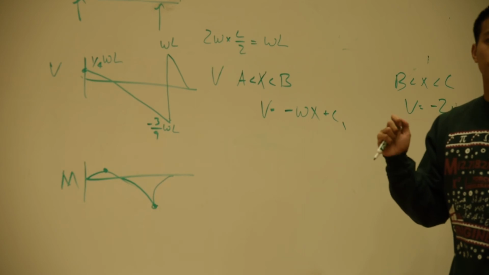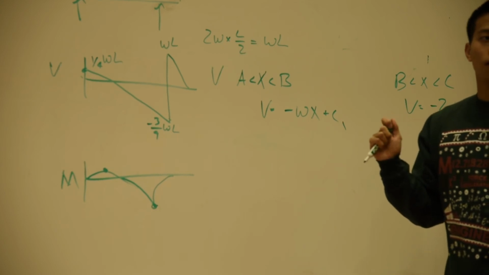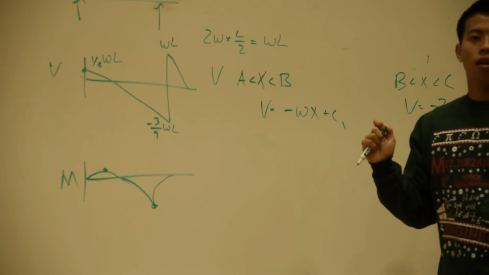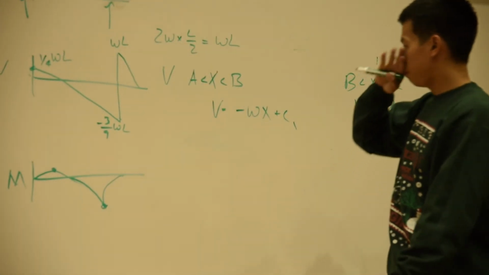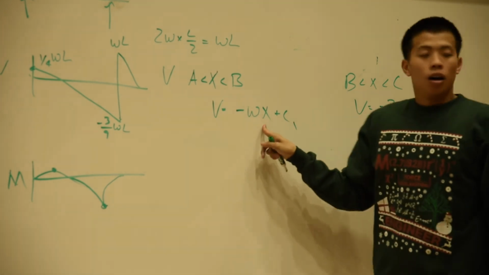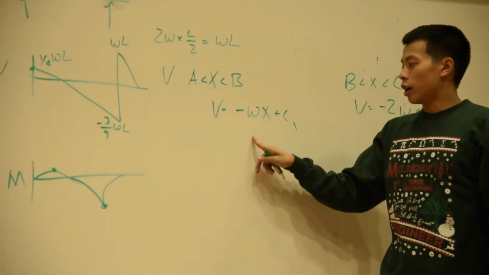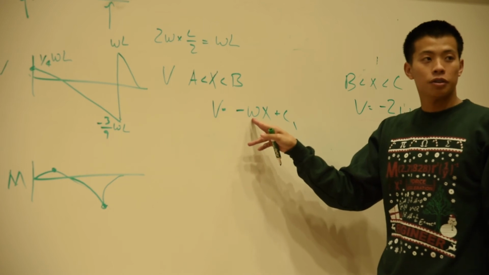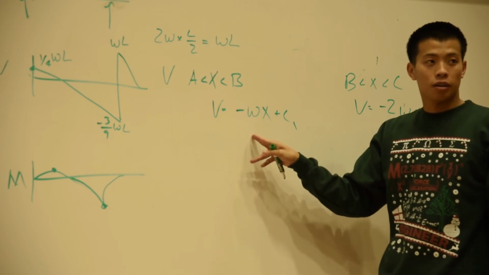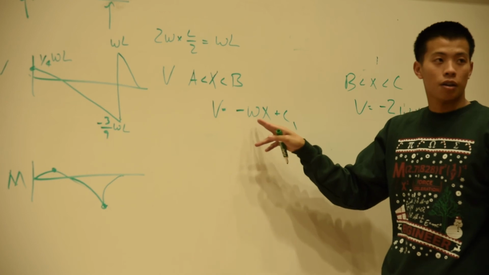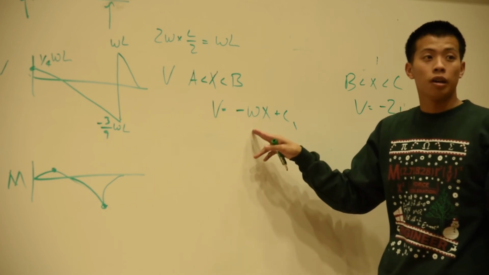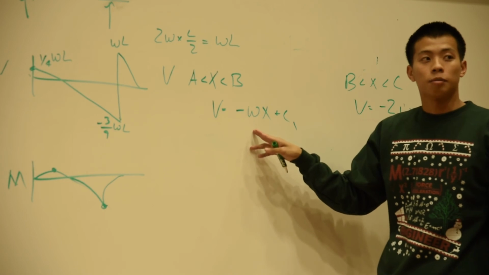I don't know how to explain it. You wouldn't put W over L because you would be left with a force over distance divided by the distance, right? So you would be left with the force, and then you're multiplying by another distance again, so your units wouldn't be in force anymore. Does that make sense, right?